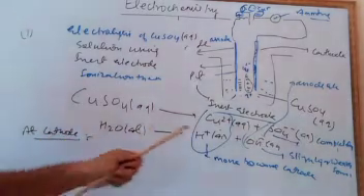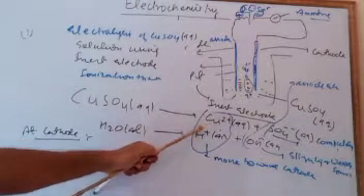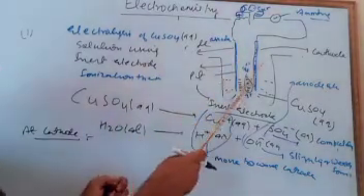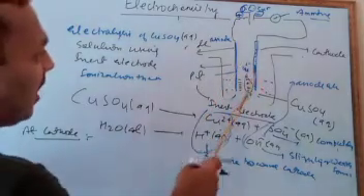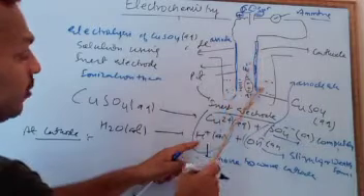So see this, copper ion and hydrogen ion, right? Both are present near the cathode electrode.